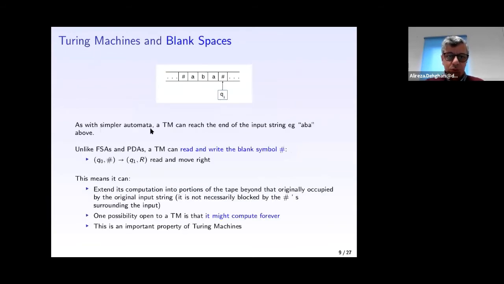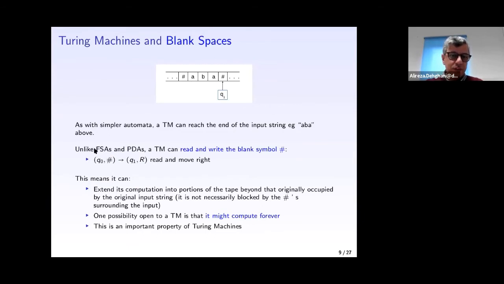Okay. So as with simpler automata, a Turing machine can reach the end of the input, for example, ABA above. You remember the main mission of the finite automata and push-down automata machines was to see if the string of a language is accepted or rejected.